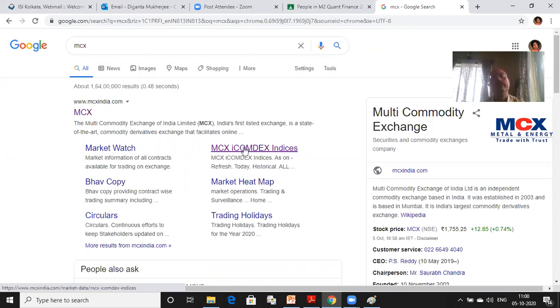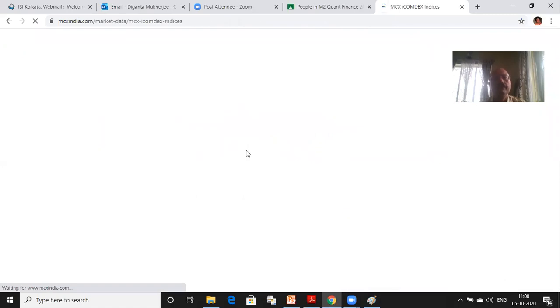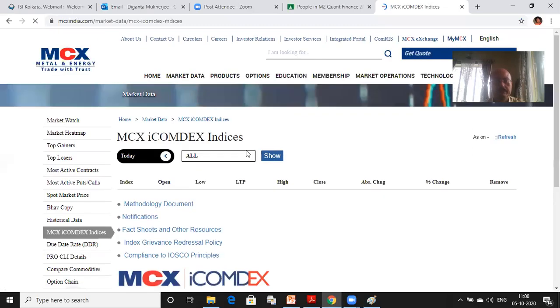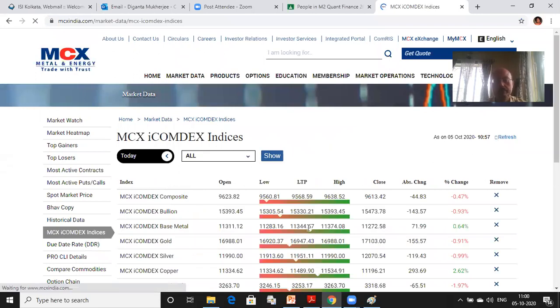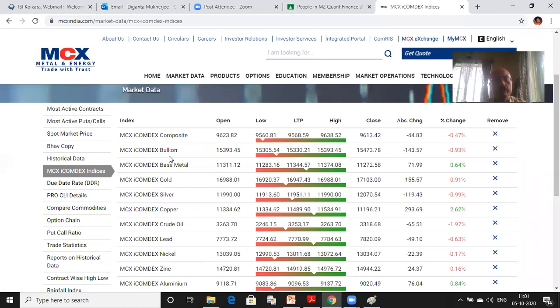Just like the stock market has a Nifty index of stock prices, MCX has a commodity index. That commodity index is traded just like the Nifty or the Sensex. Recently, MCX has started forward trading on the commodity indices. So this is the commodity index, commodity composite, commodity bullion, commodity base metal. Can you see the screen?